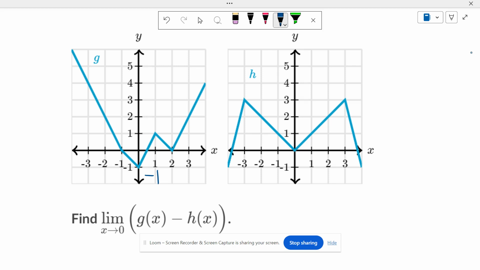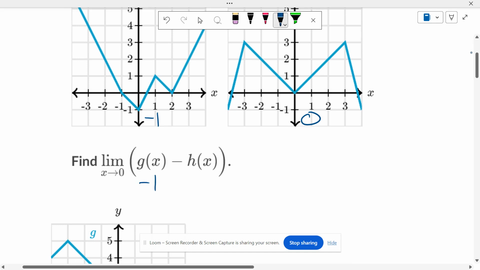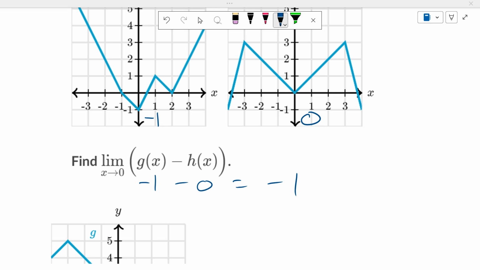What's the limit of this function at 0? Oh, 0. Okay. So then what we do is we just take -1 minus 0, which is -1. Easy peasy lemon squeezy for that. We haven't gotten the hard ones yet. Okay, find the limit, do the math.